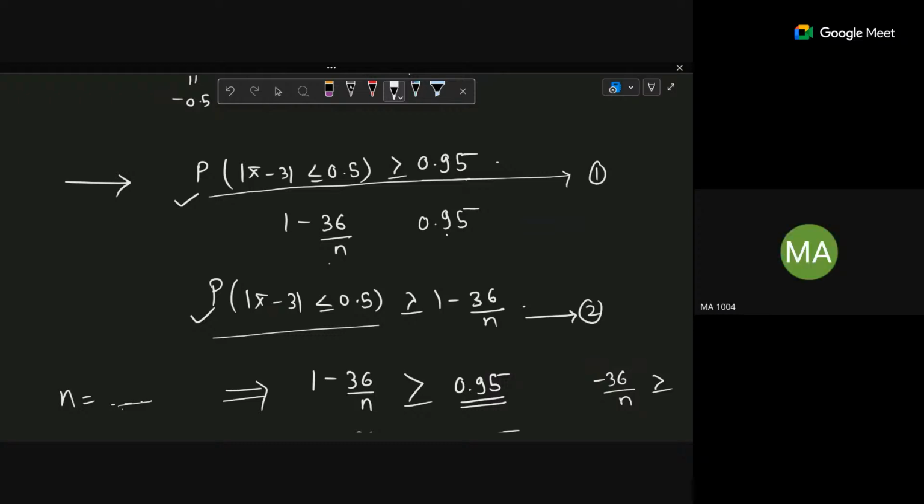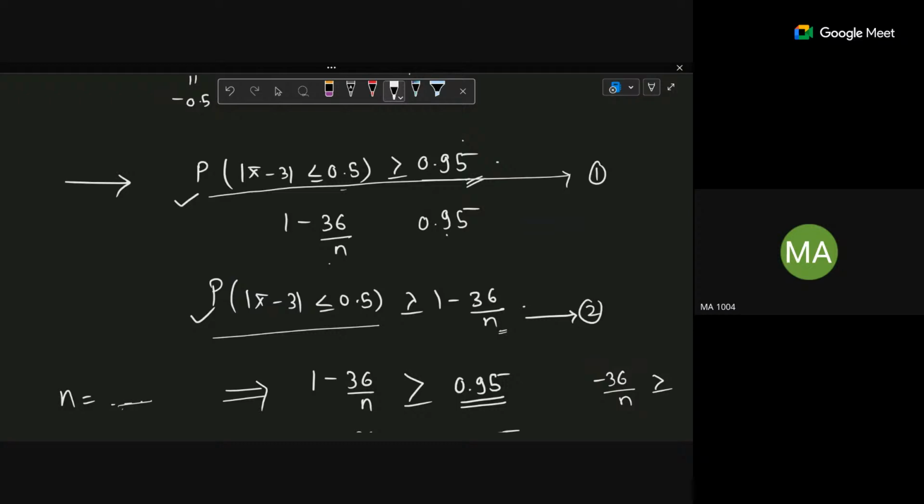Now, remember the question. What was the question? What is the probability that x bar minus 3 will be less or equal to 0.5 will be greater or equal to 0.95? This probability, I want greater or equal to 0.95. And we want to find how many random variables you need to guarantee that this probability will be greater or equal to 0.95.